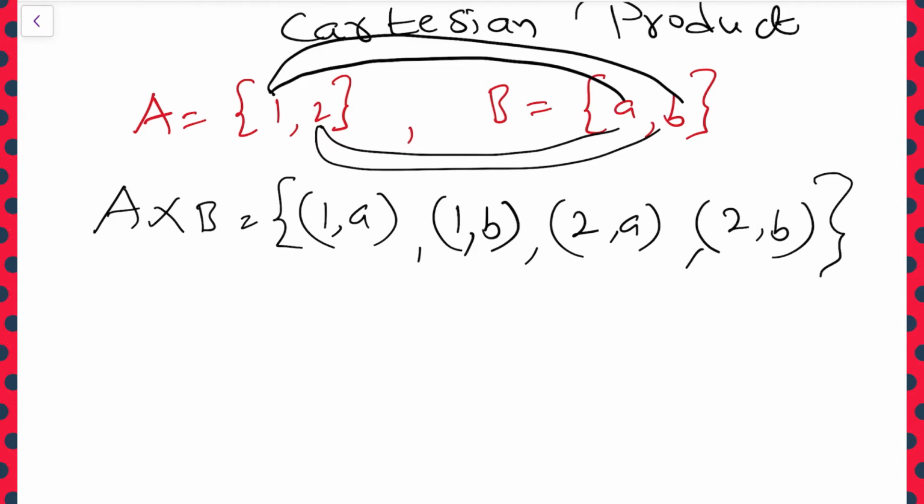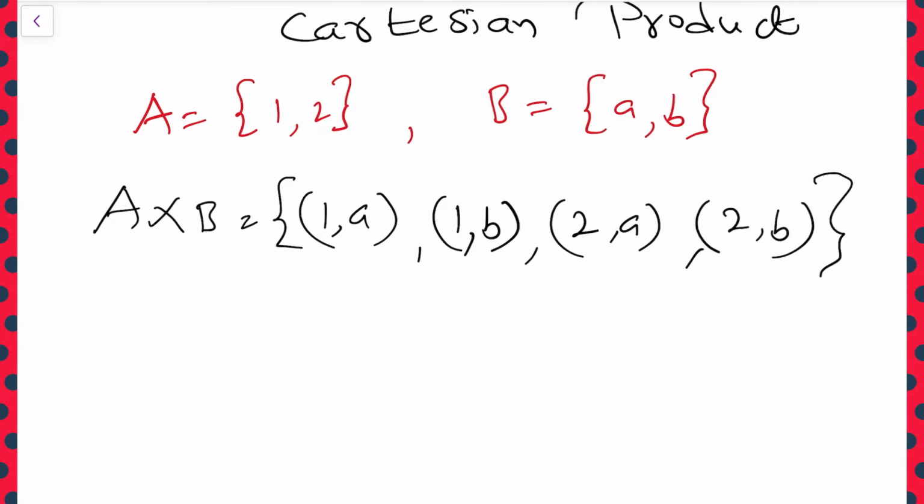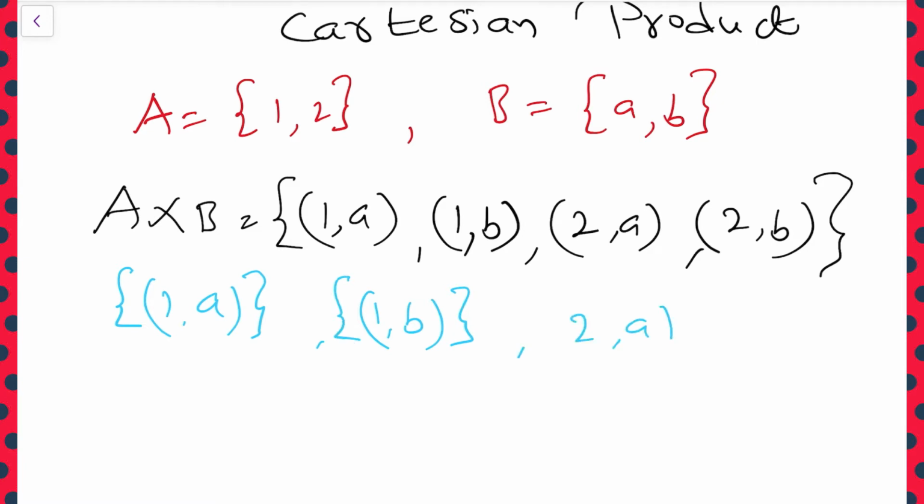Now if we write the subsets of the Cartesian product, then that will become a relation. For example, I am writing the subsets of A cross B now. (1, a) is a subset of A cross B. (1, b) is one more subset of A cross B. (2, a) is another subset, and (2, b) is another subset.